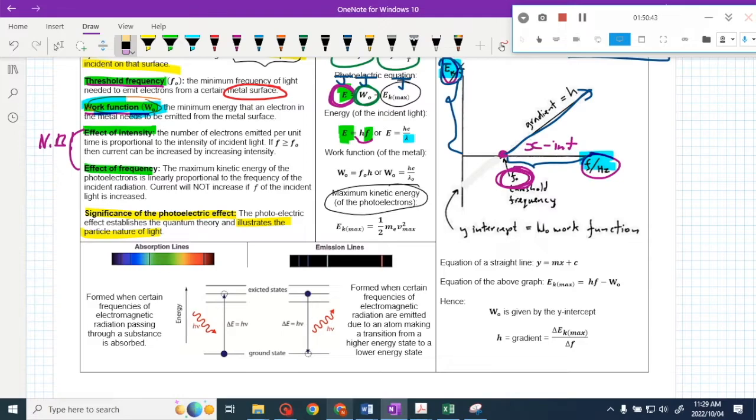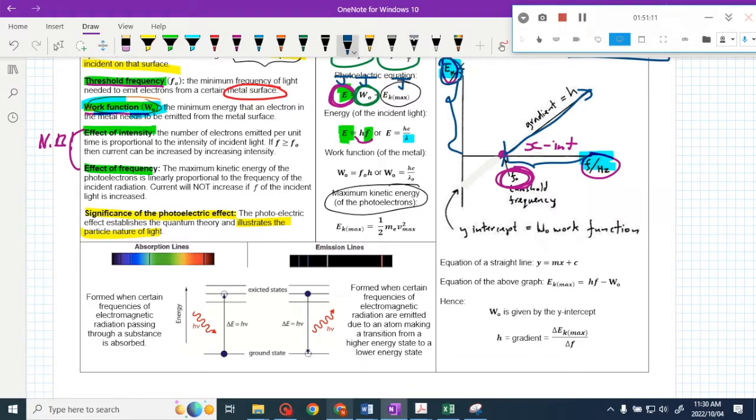What are two things you look for in a graph? Straight increasing line. Second one, starts at the origin. They are proportional, but not directly proportional. As the frequency increases, the kinetic energy will increase, but they're not directly proportional because it's only going to happen once we are above the threshold frequency.